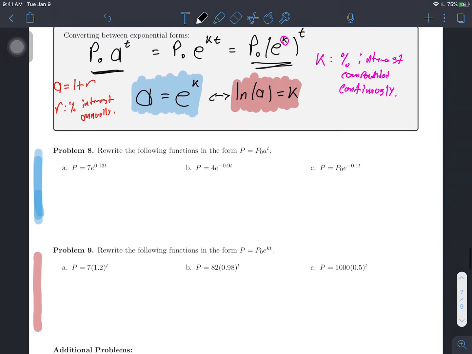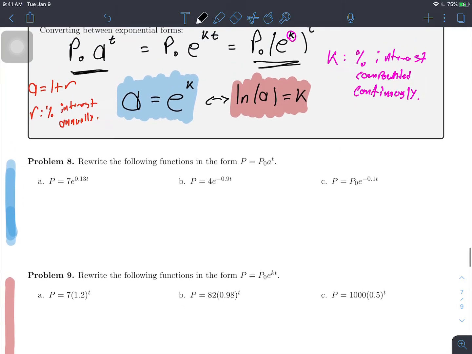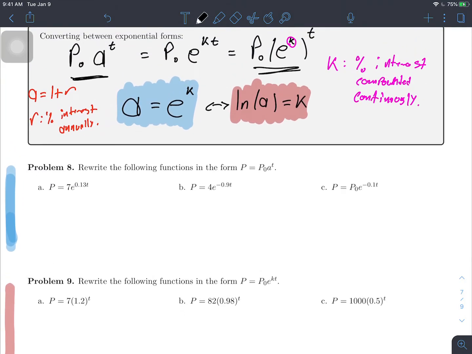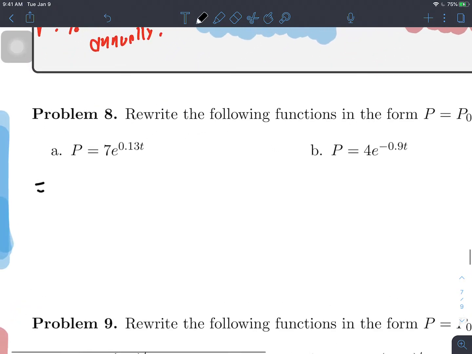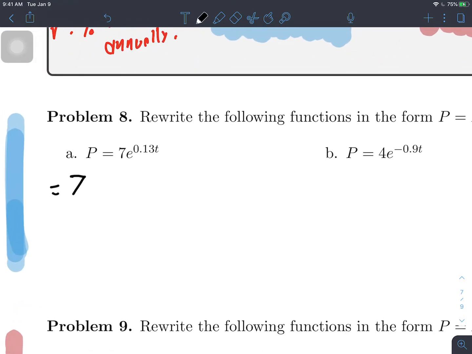We want to write 7e to the 0.13t as 7 times a to the power t. I can rewrite this as, let me zoom in a little more, 7 times e to the 0.13, to the power t.